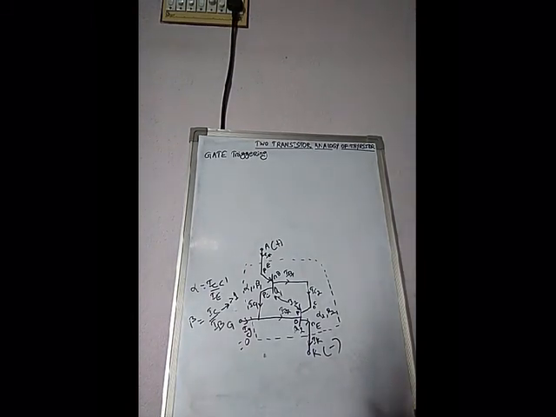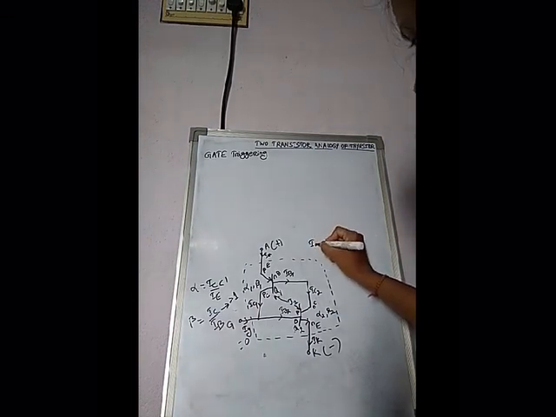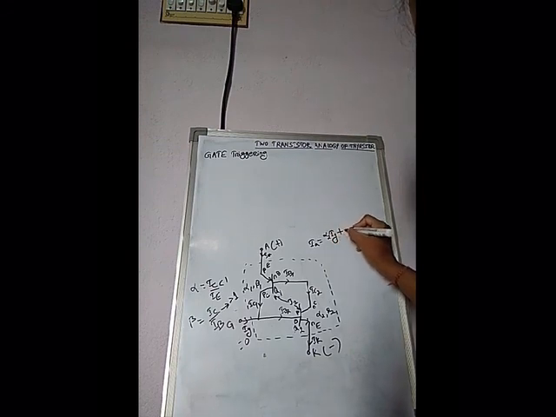Under the two transistor analogy, we conclude that the thyristor can turn on with the rise of alpha 1 plus alpha 2. The IA equation we derived is alpha 2 Ig plus ICBO1 plus ICBO2, divided by 1 minus (alpha 1 plus alpha 2).